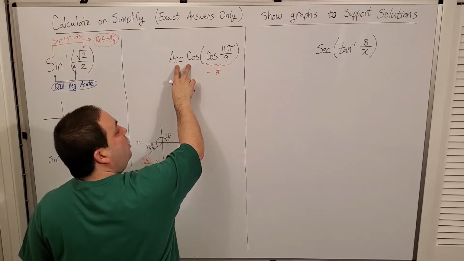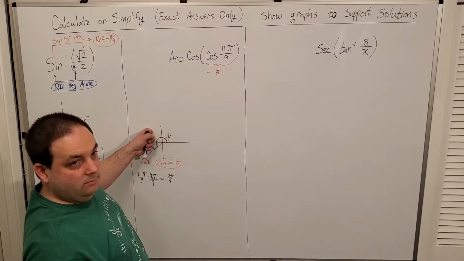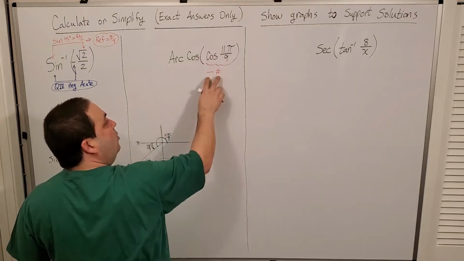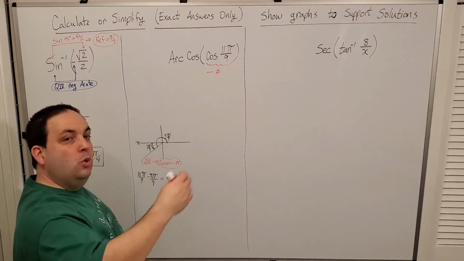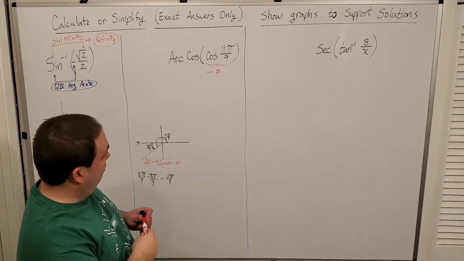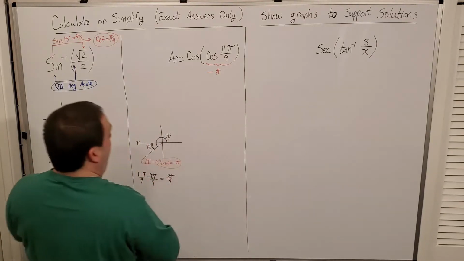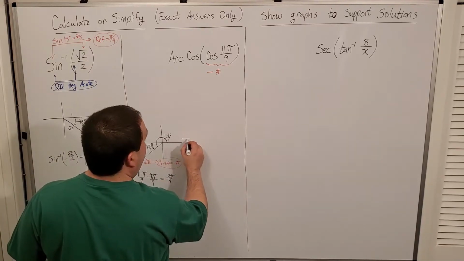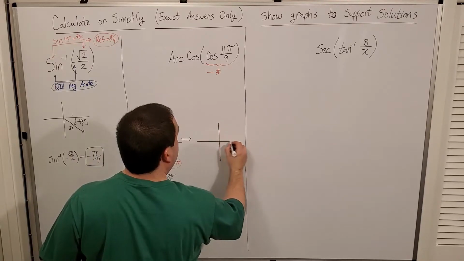Remember, inverse cosine is defined for two quadrants, quadrants 1 and 2 only. And if arc cosine is acting on a negative number, that means I should be giving a quadrant 2 answer. Okay? So, with that in mind, I take this reference angle of 2 pi over 9 and I convert it to a quadrant 2 answer.